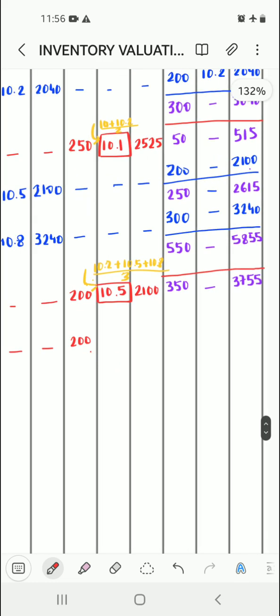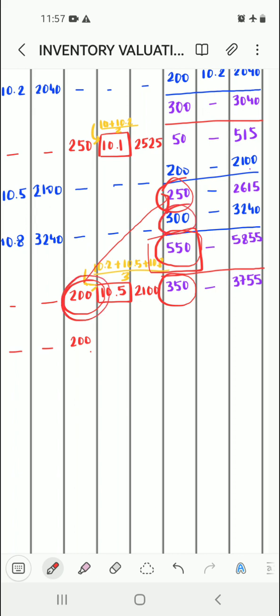Now see, we are left with 350. Previously there was 550, which means that from this 550, when this 200 is gone, this 200 means the previous lot is gone. The previous lot, that is this. Because this 550 consists of 250 and 300.